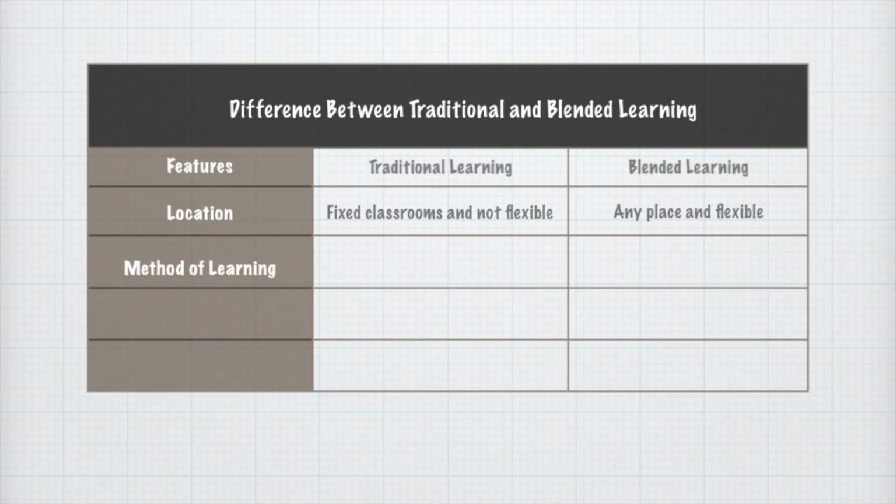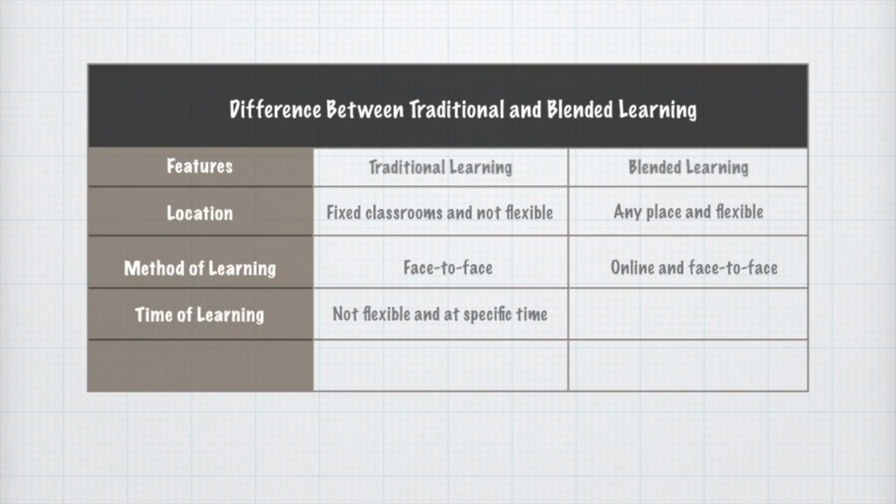The second one is method of learning. It's face-to-face in traditional learning, but in blended learning, it's online and face-to-face. For time of learning, it is not flexible, at a specific time, in traditional learning.